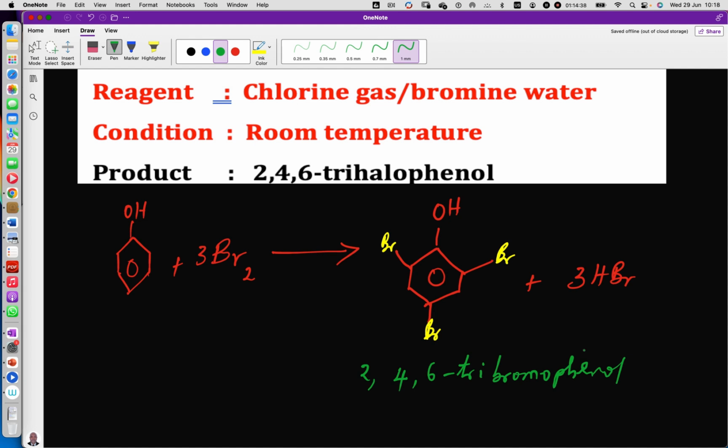A white precipitate will be formed, and this white precipitate is the 2, 4, 6 tribromophenol, and the reddish brown color of the bromine is being decolorized.